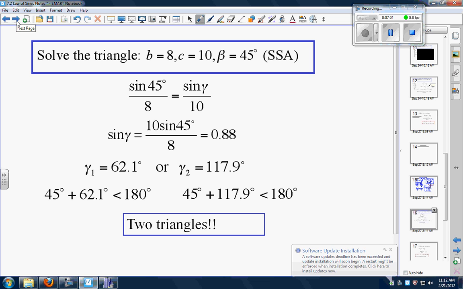Here's all the work, the way the book presents this. They take us through the same process here. We find the sine to be 0.883. It can happen at 62. It can happen at 117. There is enough room here so we can create two triangles out of it.